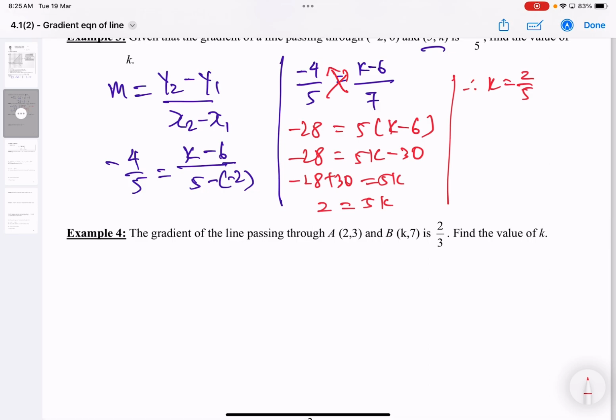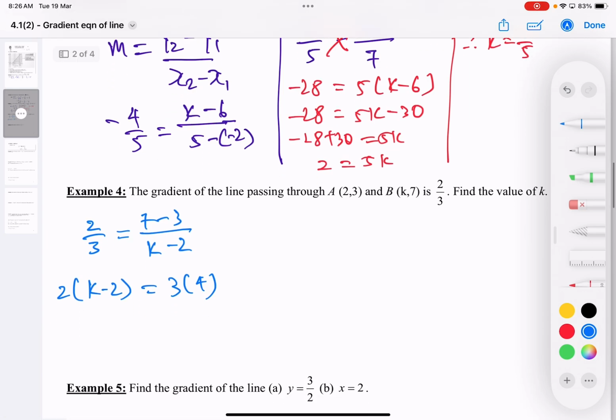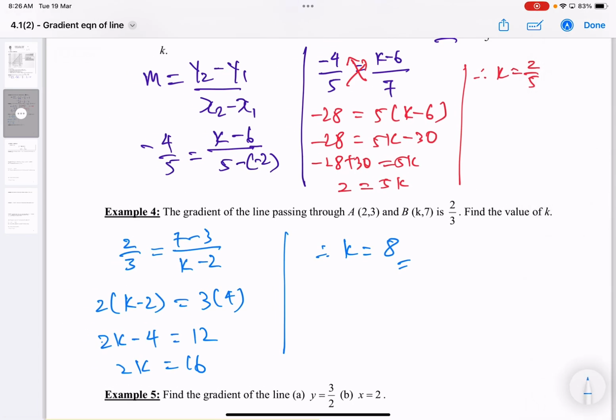If you are done, you look up and check your answer with mine very quickly.